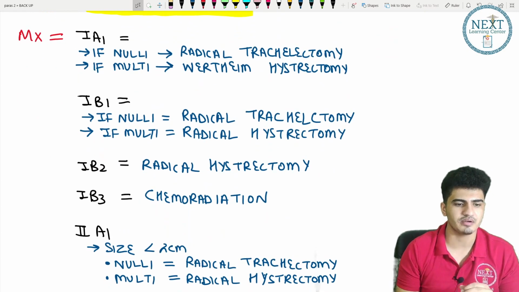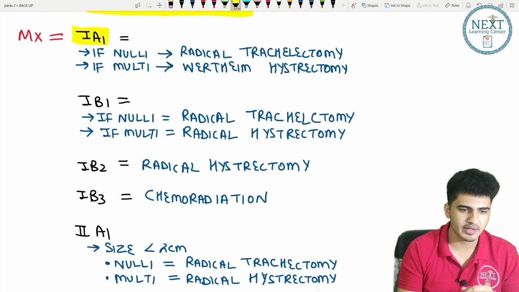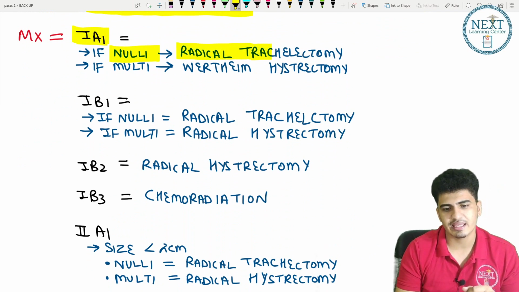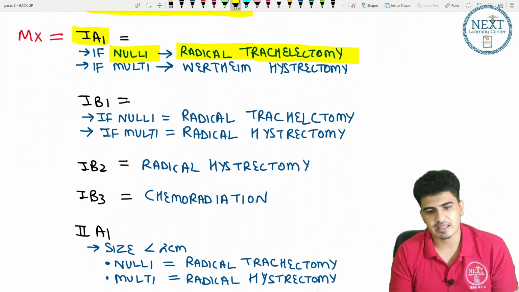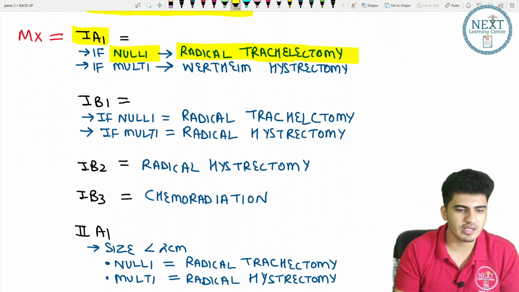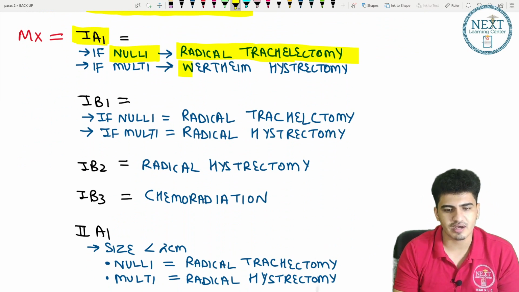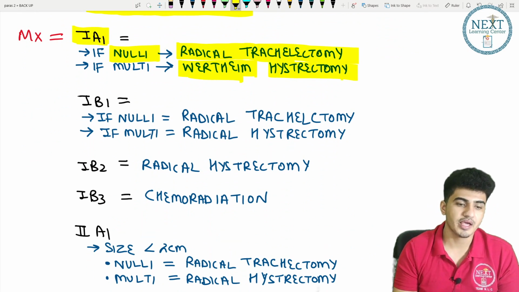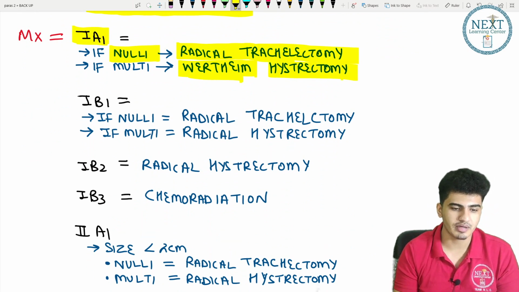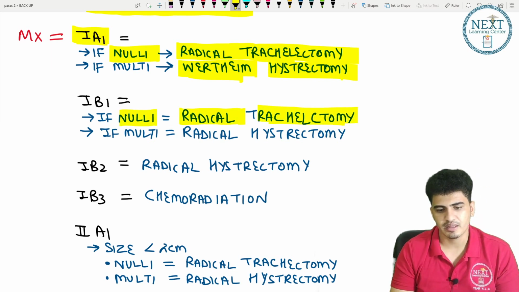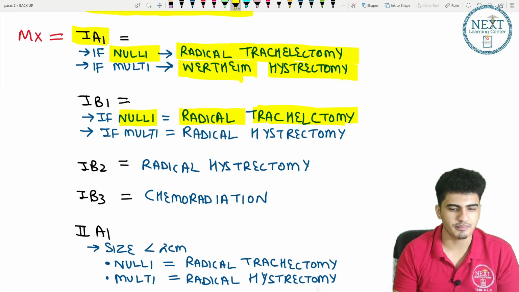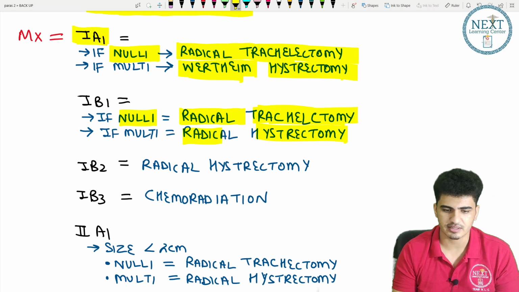Very good. Management for stage 1A: if nulliparous, you have to do radical trachelectomy. If multiparous, you have to do radical hysterectomy.